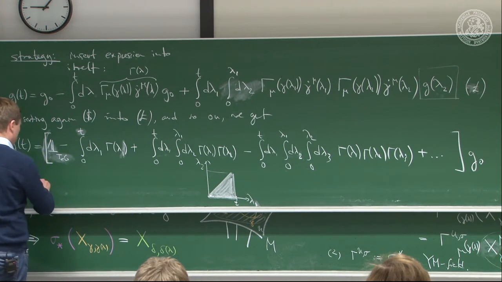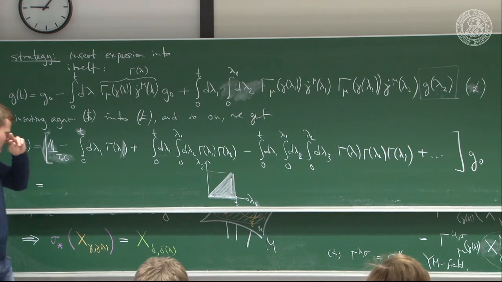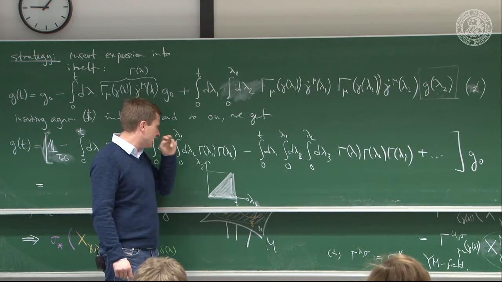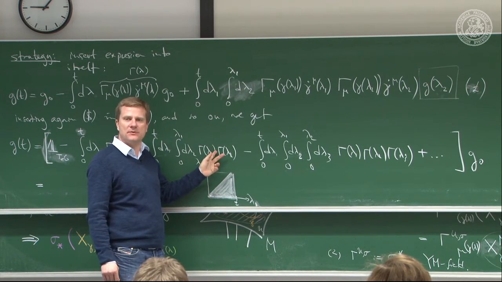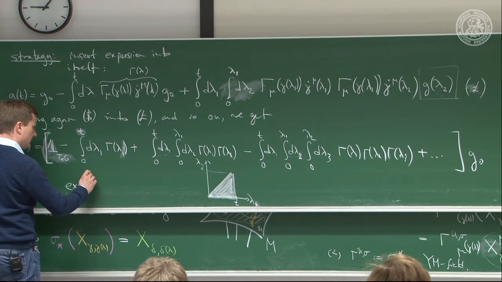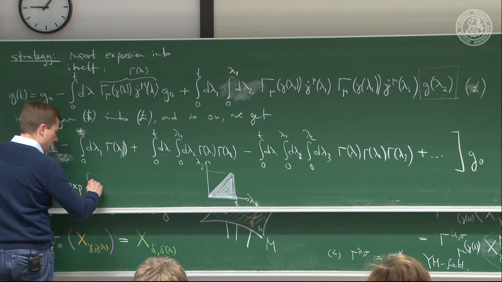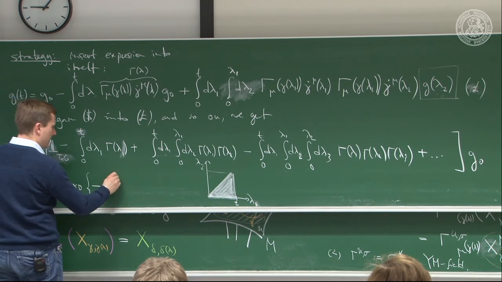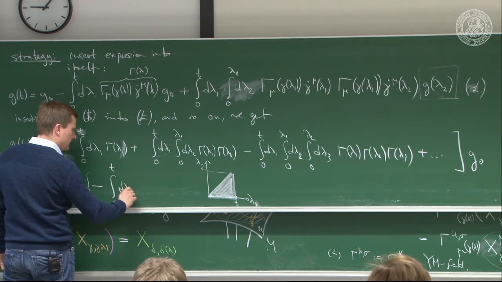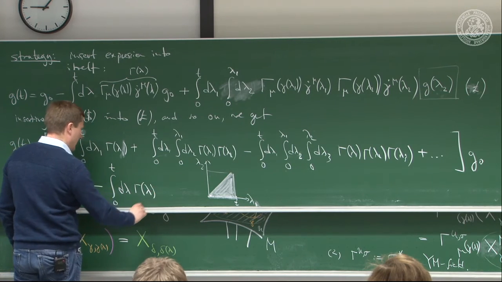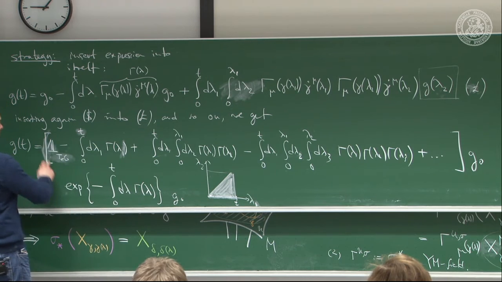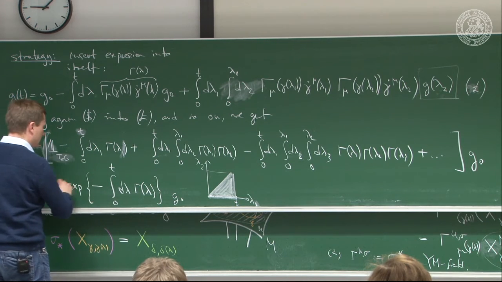Now, if these were simply numbers, this were true, then we could simply write exp of minus integral from 0 to t dλ Γ(λ), because we need to produce this minus. And this entire square bracket would be this exp.